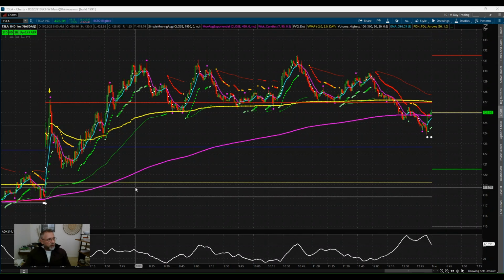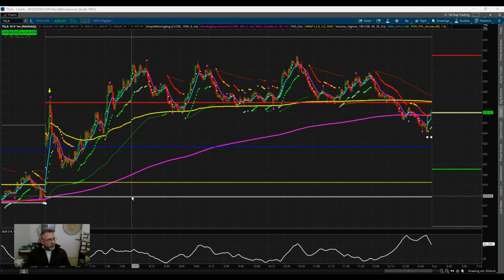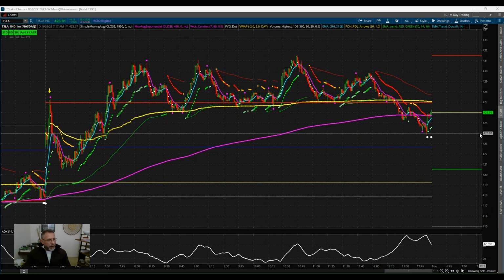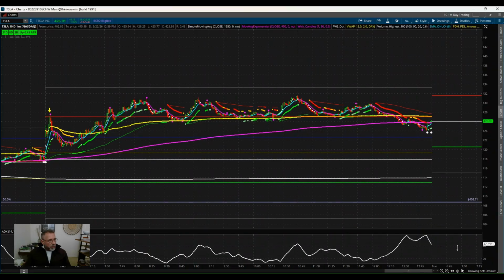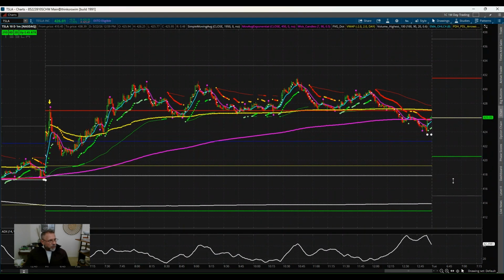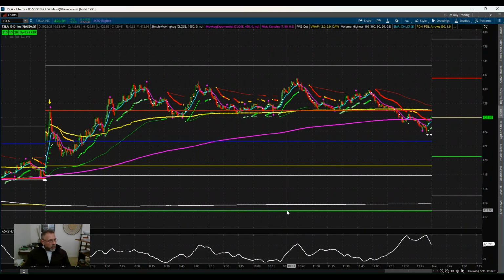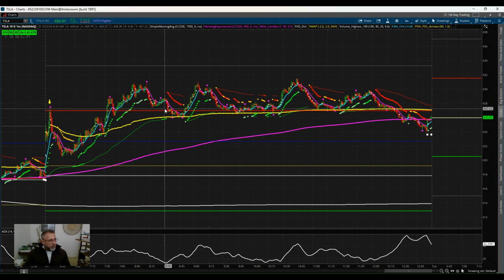So you'll also see these horizontal lines. This gray line here is the close, and if you scroll down, you'll see that the open is also there down below. This is the low of yesterday. This is the high of yesterday. This yellow line is the pivot, which is very common in technical analysis.